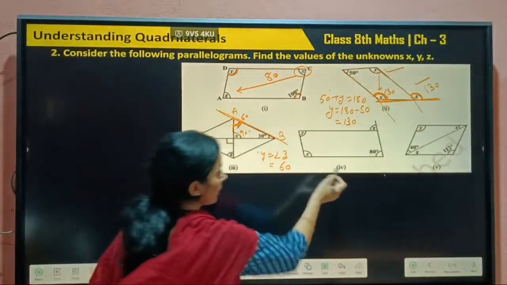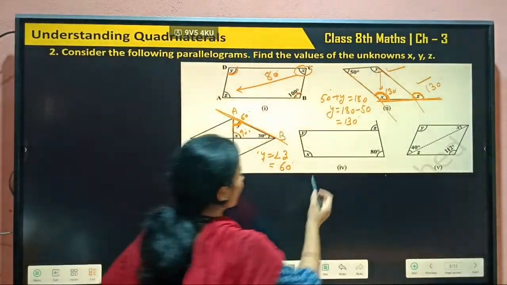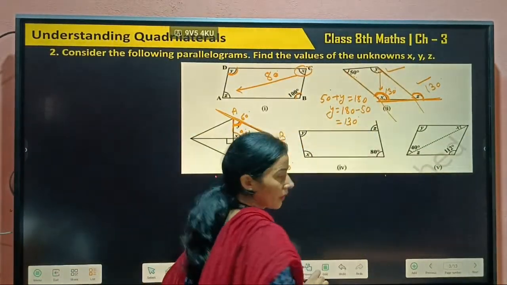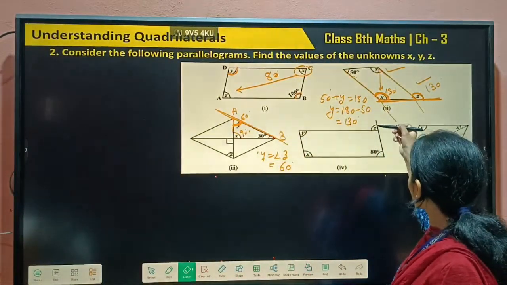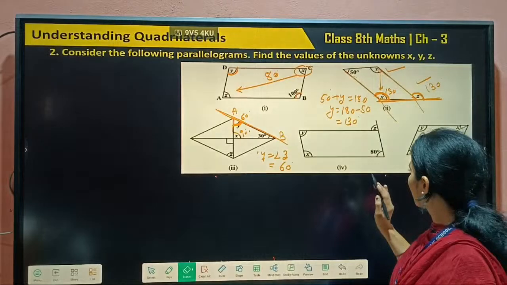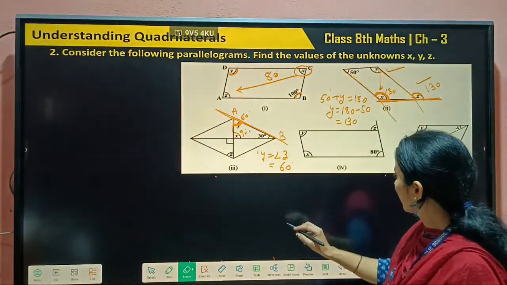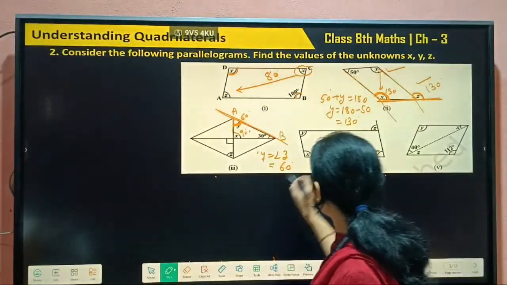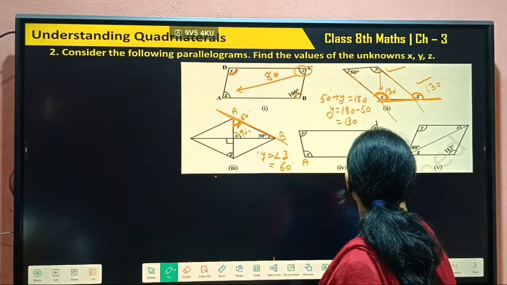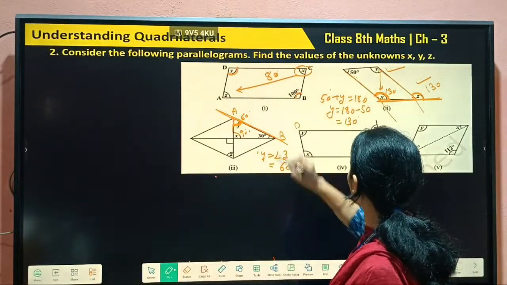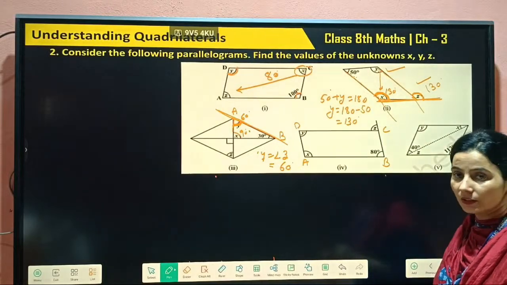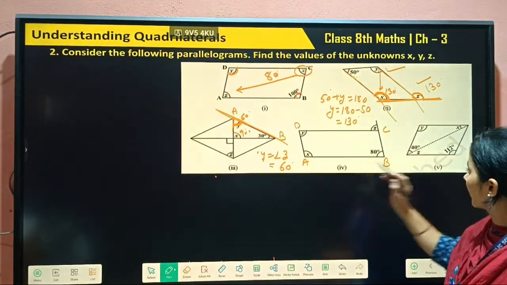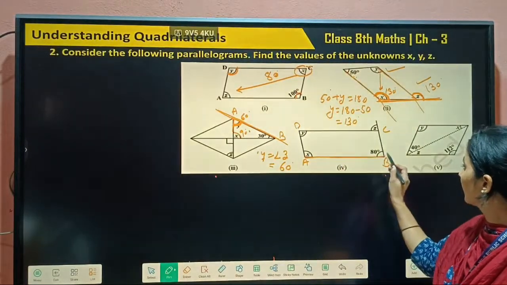Next is fourth part. In fourth part, we have to find out this x, y, and z. Let us consider the name of this parallelogram. Let us write A, B, C, and D. This angle B equals angle C. The reason is corresponding angles.